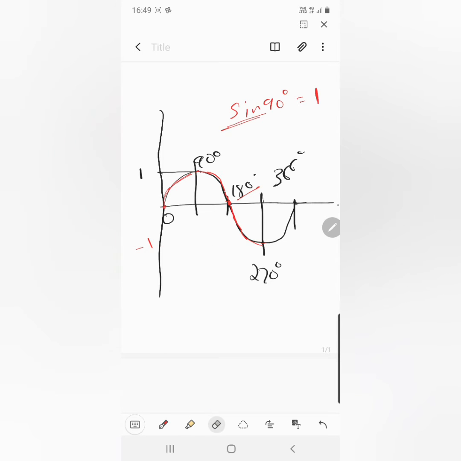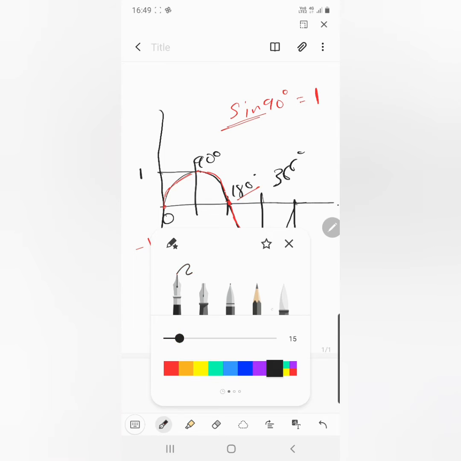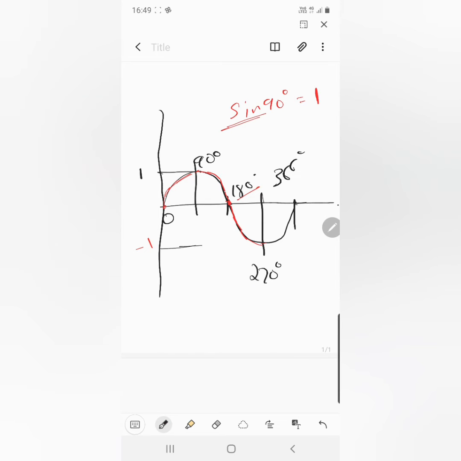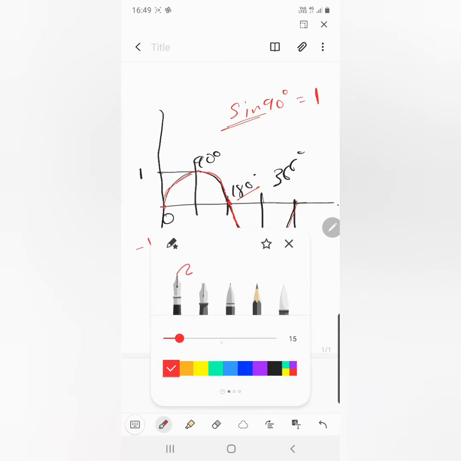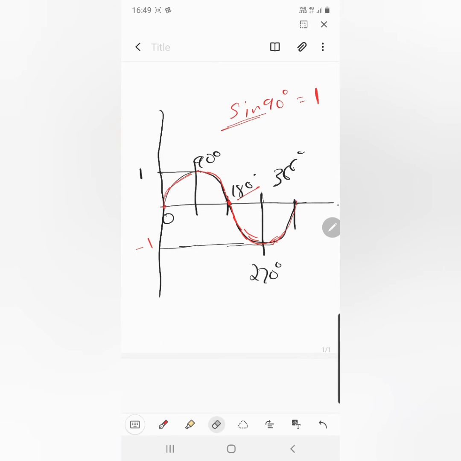Let's keep the colors standard, and it goes on to 0 again at 360 degrees.